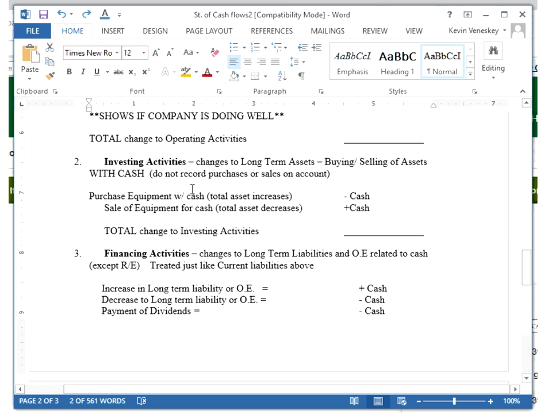Okay, our second section, and these are much shorter sections. Not necessarily any easier, but they're shorter. With these sections, we actually will want to provide journal entries from the notes that are given in any particular example. Whenever you have the investing section, first off, it is going to deal with only long-term assets, so only your PPE items.